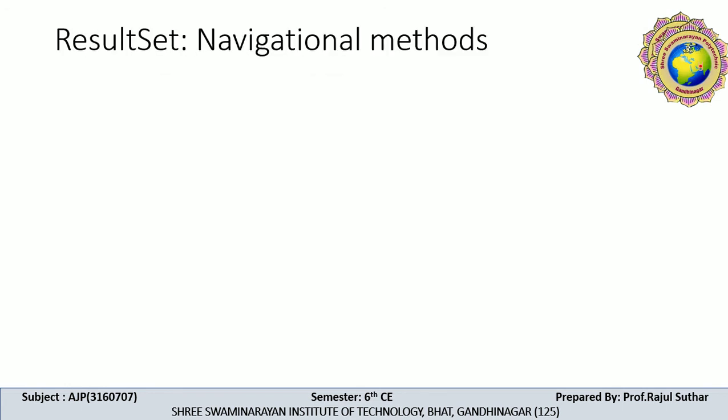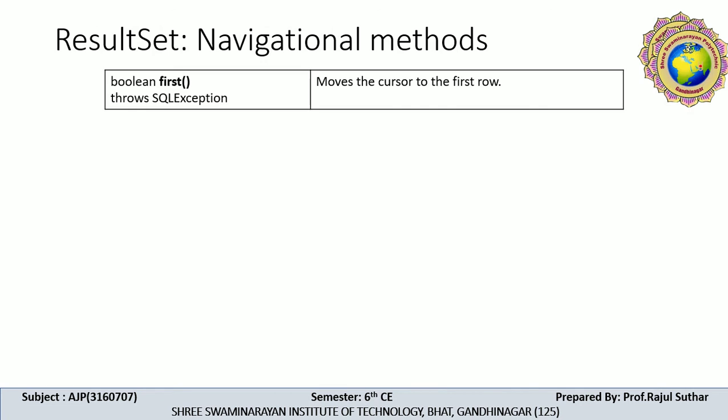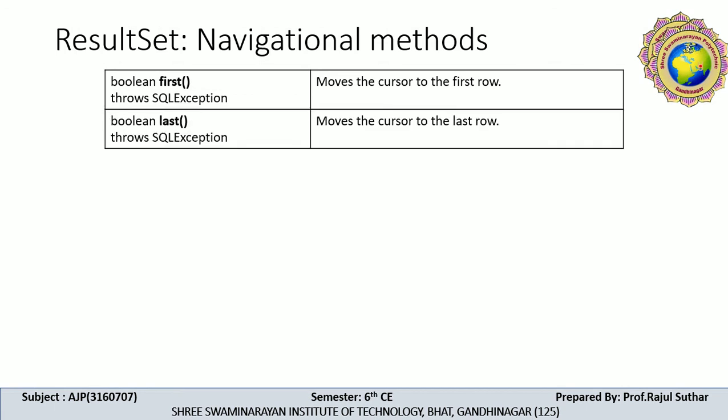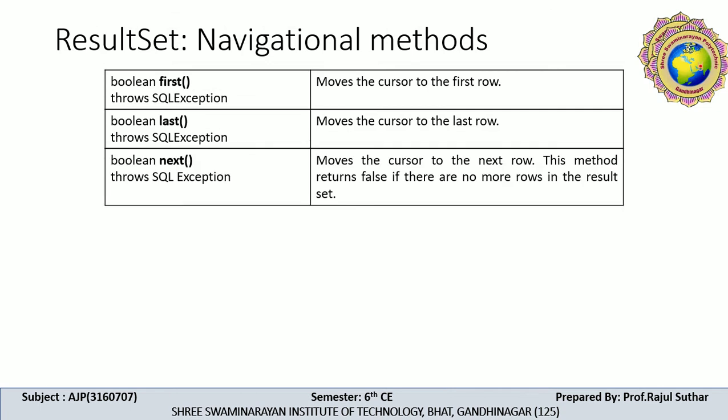Then, boolean first() throws SQLException. This is used to move the cursor to the first row, and last is used to move the cursor to the last row. Boolean next() is required to move the cursor to the next row while we are processing the result. If you are processing one object at a time, the next method will move the cursor to the next row.